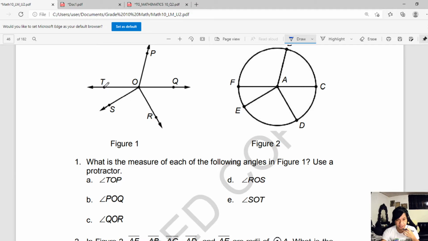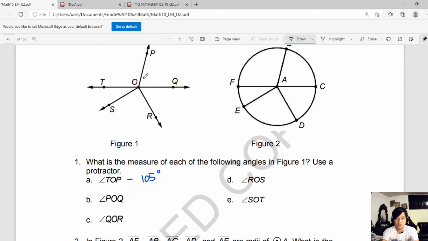Tapos yung other ray, hanapin nyo kung saan siya nakatapat doon sa protractor. So, ang sagot dito is, the measure of angle TOP is 105 degrees. The unit used in angle is degree.